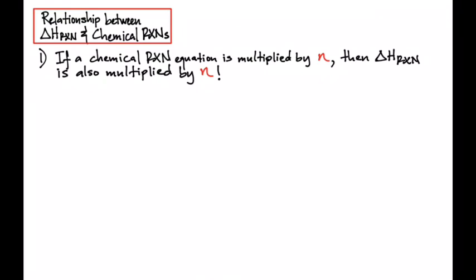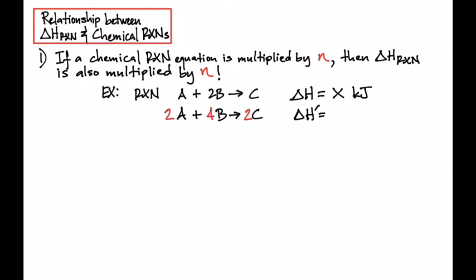If a chemical reaction equation is multiplied by some number n, then the delta H of reaction is also multiplied by that same number, that multiplier. So let's look at an example here. Let's say that we have this chemical reaction A plus 2B turning into chemical C, right? And the delta H of reaction for this reaction is equal to X, okay?